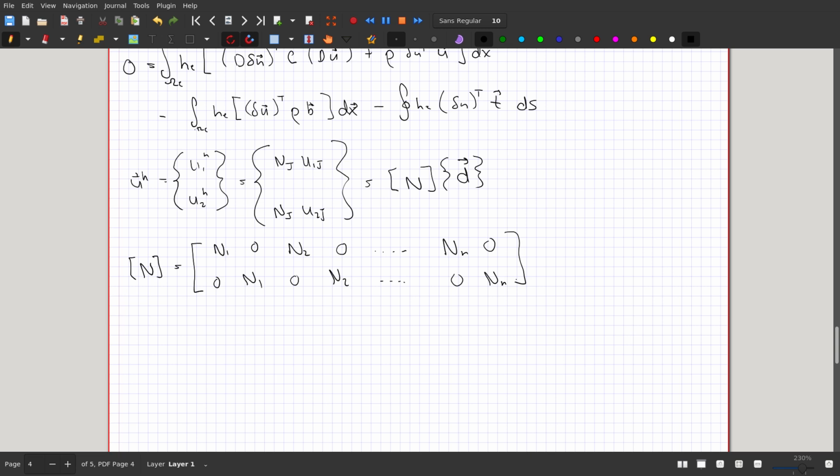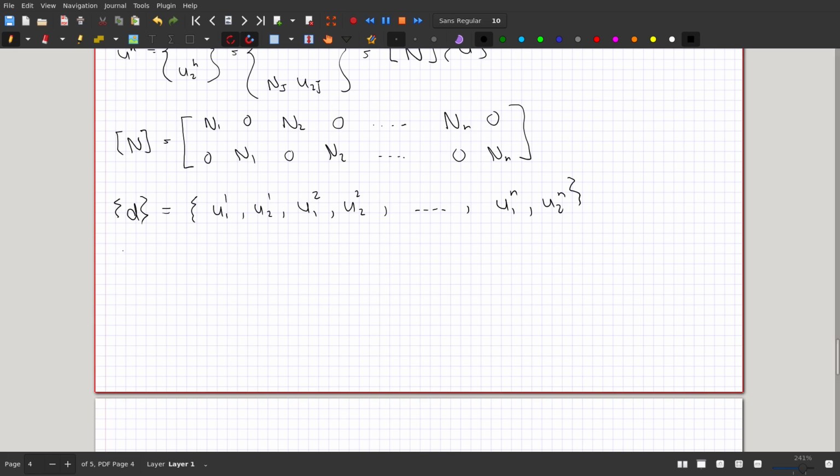So that times that will give us 2 values, right? So again, D is just the vector of unknowns. So it's like u1 for node 1, u2 for node 1, u1 for node 2, u2 for node 2, u1, dot, dot, dot, u1 for node N, u2 for node N.